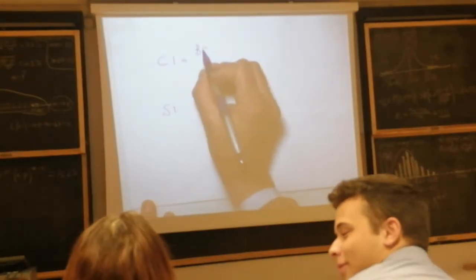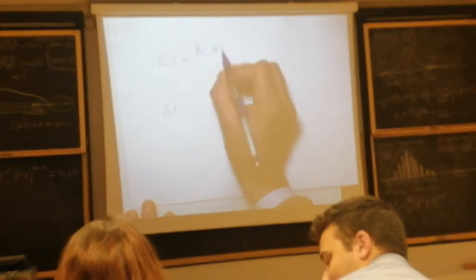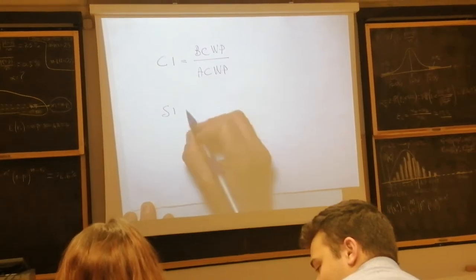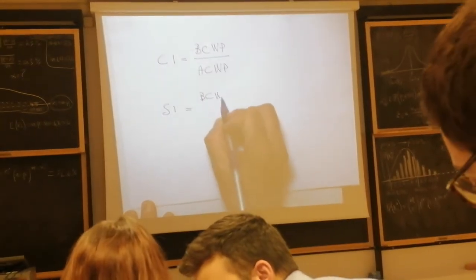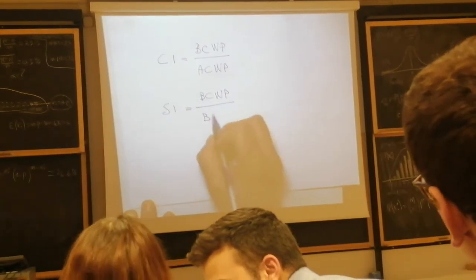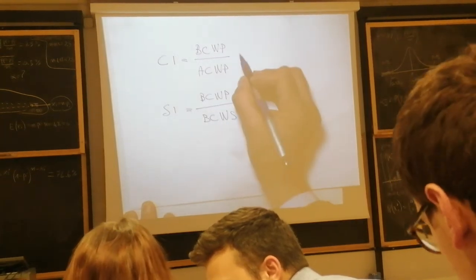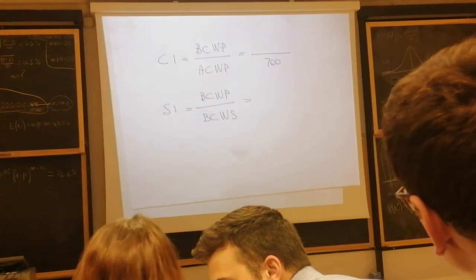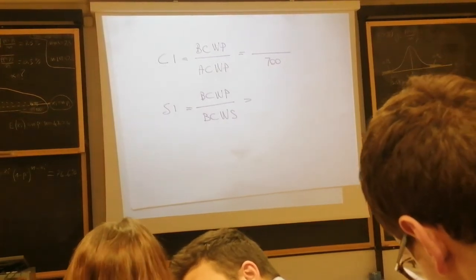Cost index is the budgeted cost of the work performed over the actual cost of work performed, and the schedule index is the earned value over the budgeted value. Now, the actual cost of work performed is 700,000. That was given.